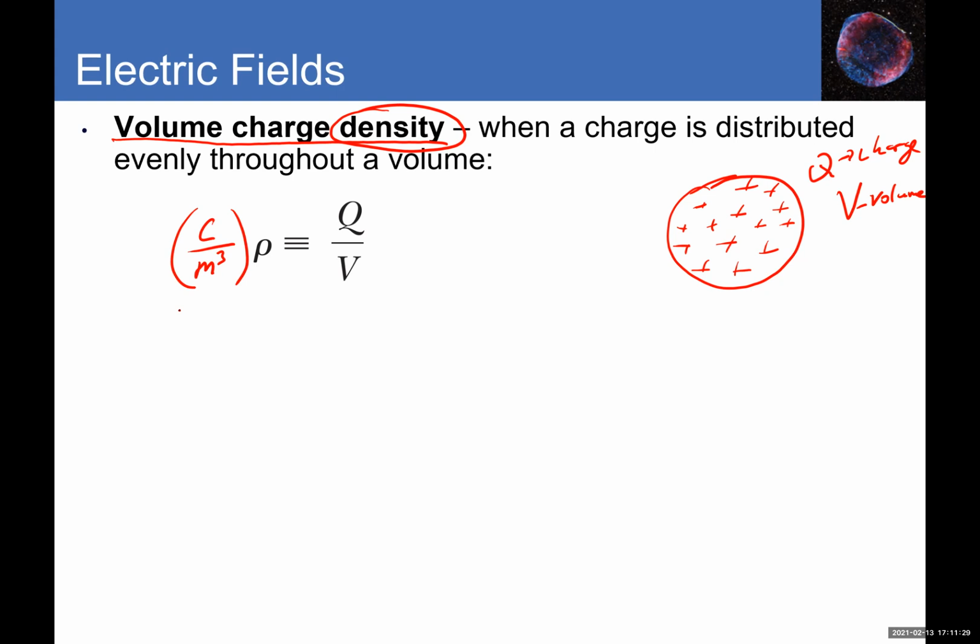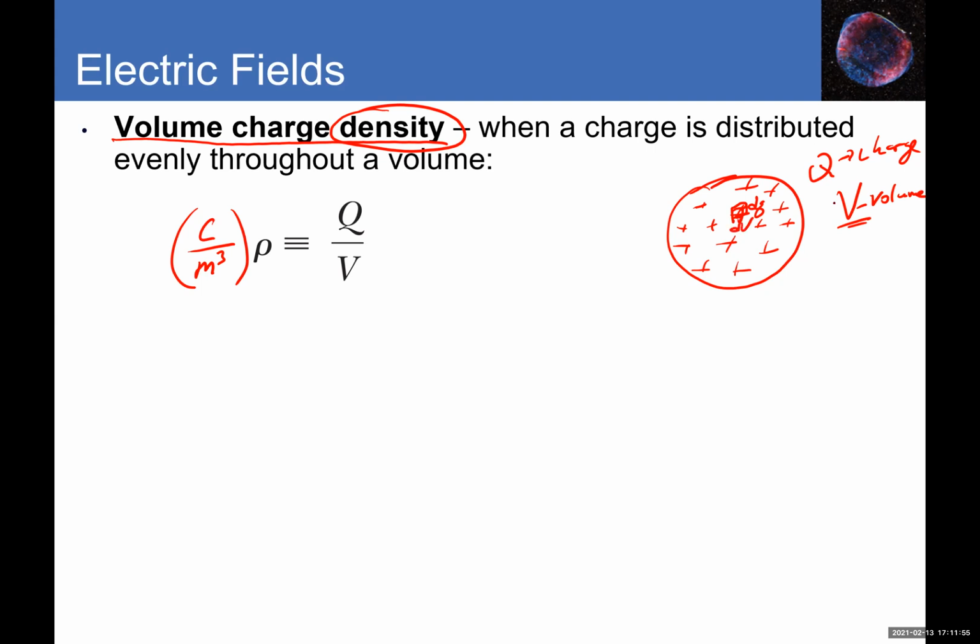Then if I'm choosing a small, tiny element, I can look at it in terms of a small element that has a charge dq, and it also has a size, the volume of that small element, which is different from the total volume. So this becomes dV.